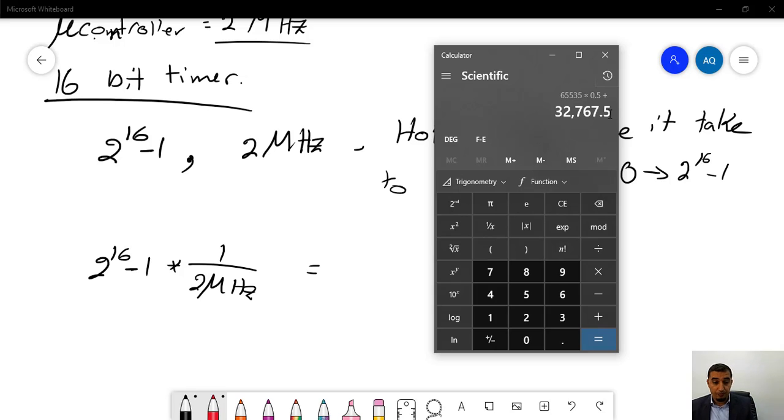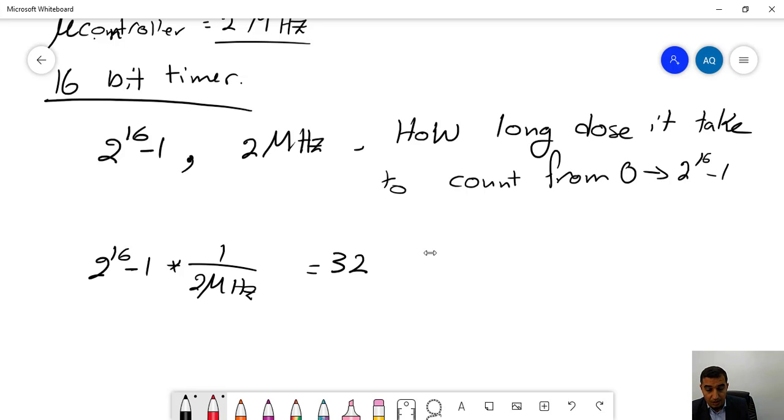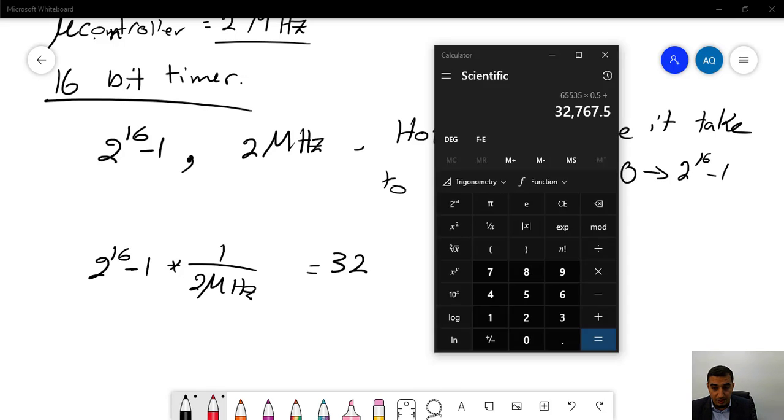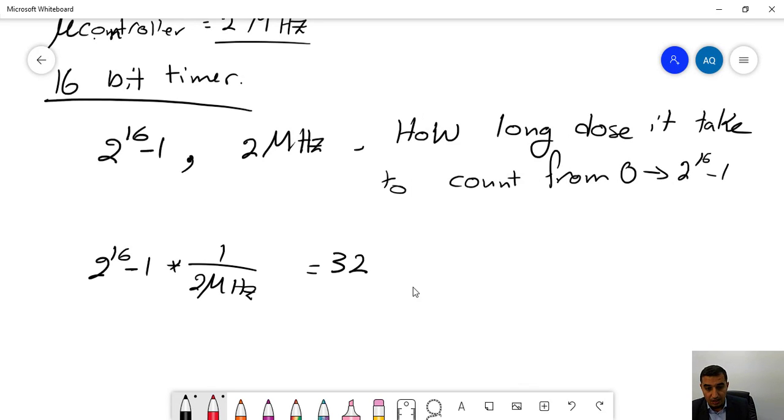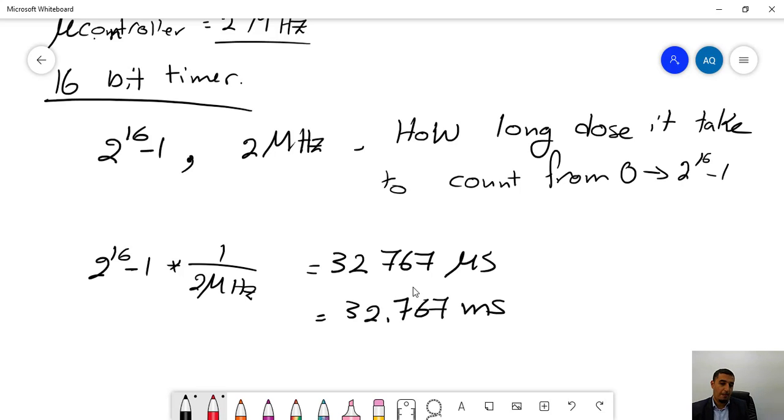So this will give you 32,767 microseconds, or 32.767 milliseconds.